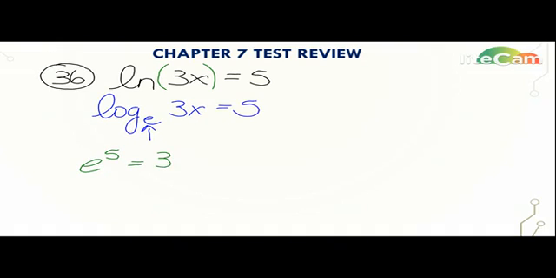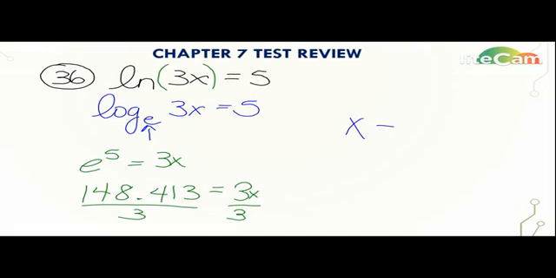Notice the 3x was a multiplication, so that 3x is supposed to be all together, no extra pieces on this. We get 148.413 equals 3x. If I divide by 3, my answer is 49.471.